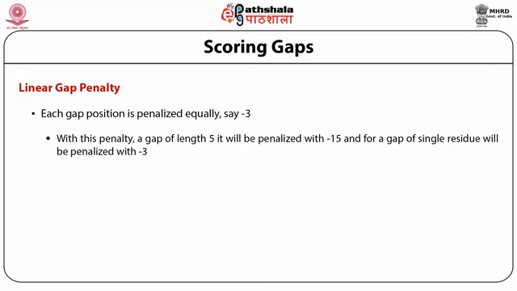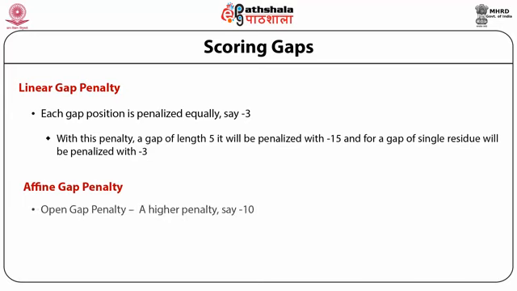In the affine gap penalty model, on the other hand, there are separate gap penalties for opening a gap and then for extending the already opened gap. A higher penalty for having opened a gap and then a mild penalty for extending the gap of certain inserted or deleted residues.